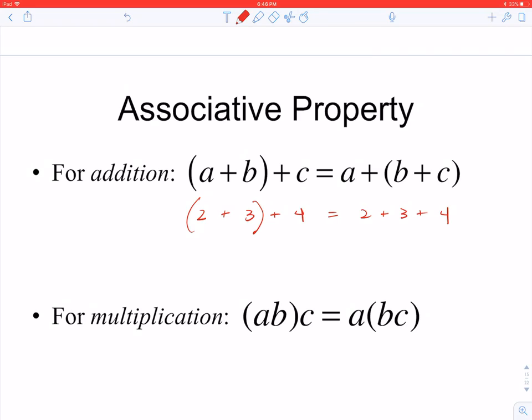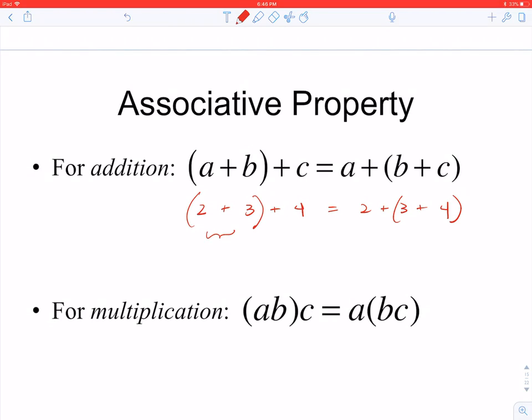And I group together, or I like to think of it as reassociating, 2 plus 3. The left-hand side is going to be the same as if I were to group together 3 plus 4, those two terms. In thinking of the order of operations, which we will review soon, 2 plus 3 is 5, plus 4 would be 9. Over here, 3 plus 4 is 7, plus 2 would also be 9.